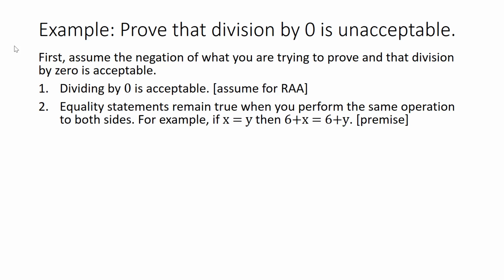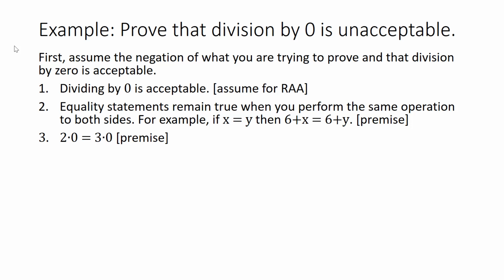You remember from algebra that equality statements are true when you do the same thing to both sides. So if the left side of the equation equals the right side of the equation, then you can add 6 to both sides. Or you could divide both sides by 7. Or you could multiply both sides by 17, and what you'd get would still be a true statement.